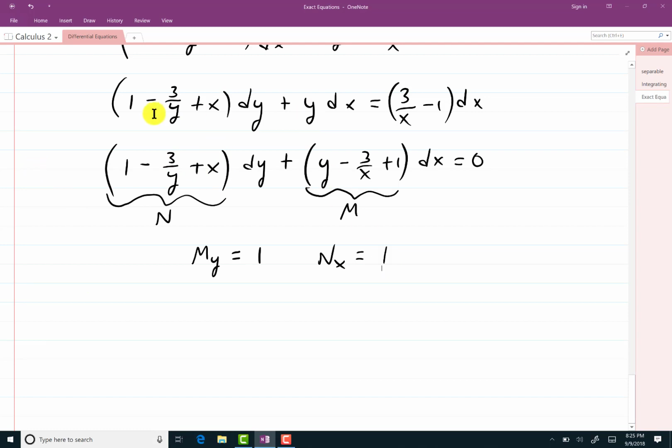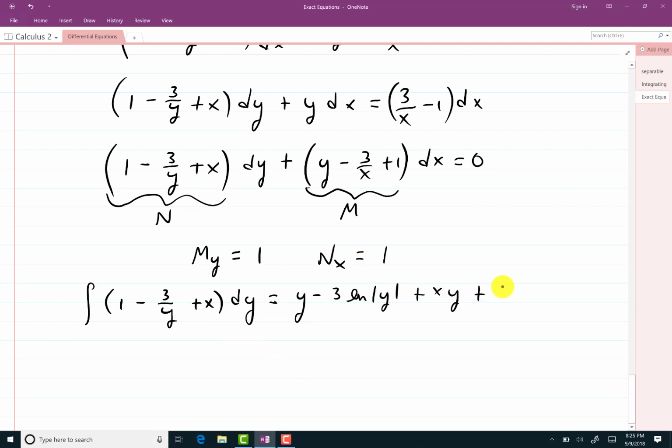So what I'm going to do is just integrate each of these pieces individually and then compare my answers. So we'll start with the integral of 1 minus 3 over y plus x dy. And this time everything's with respect to y, so I'll get a y minus 3 ln absolute y plus xy.